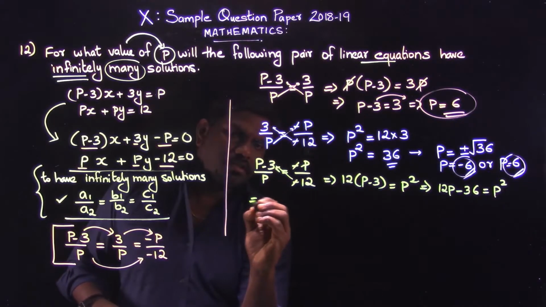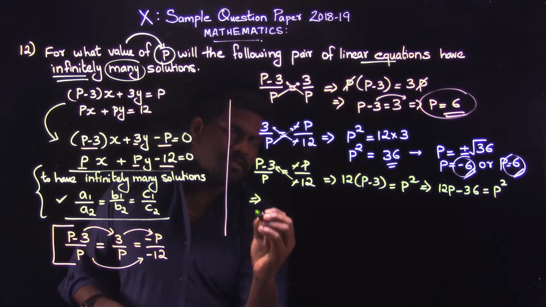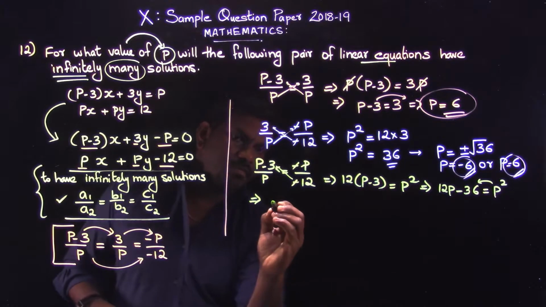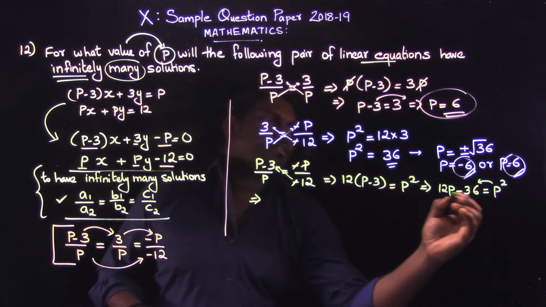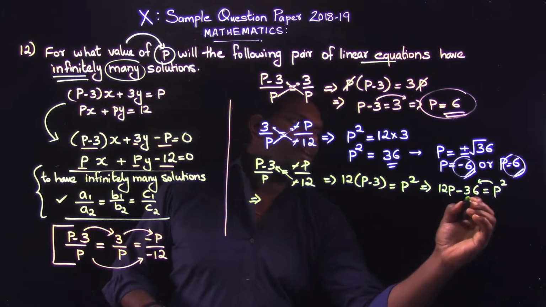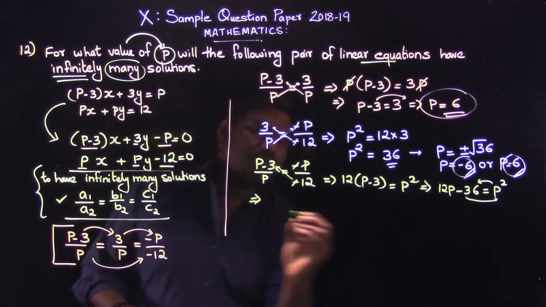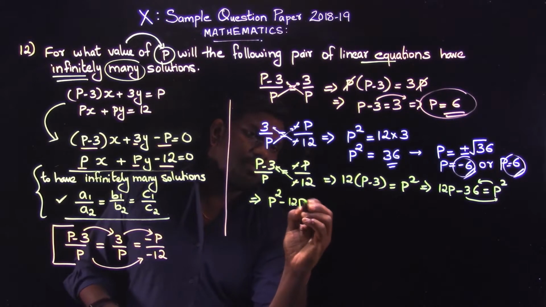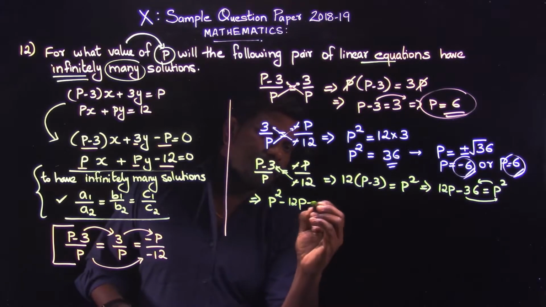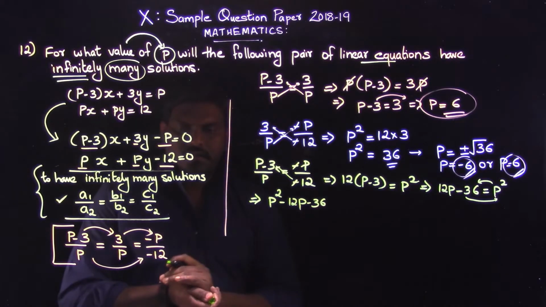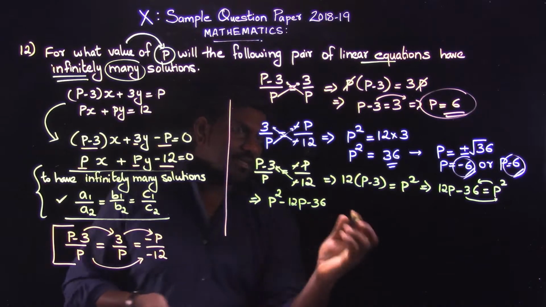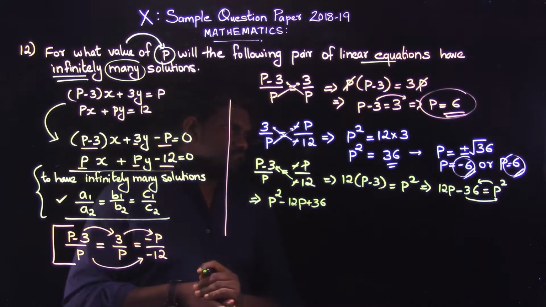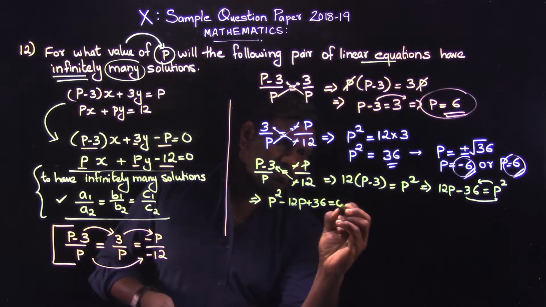If I write it a little more appropriately, taking everything to the other side, it will be P square minus 12P, not minus 36, plus 36, because we are taking it to the other side, right? Yes, is equal to 0.